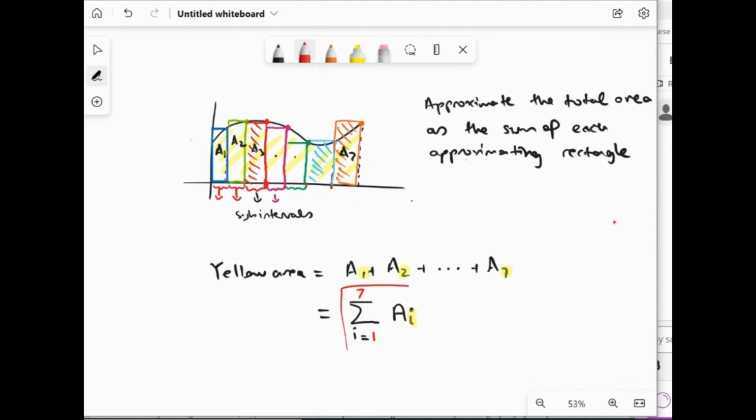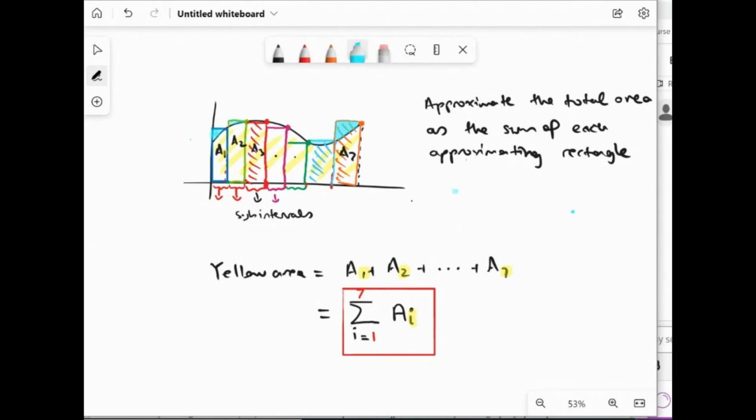This is where we will make use of the sigma notation. The more rectangles we use, the better the approximation we find. We will find a better approximation of the yellow area if we use more rectangles.